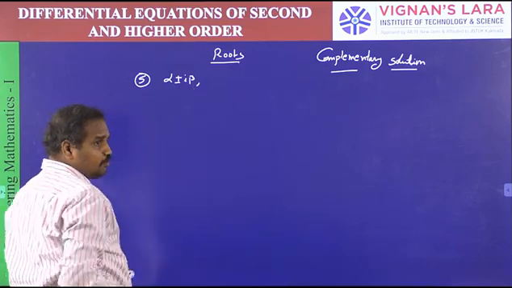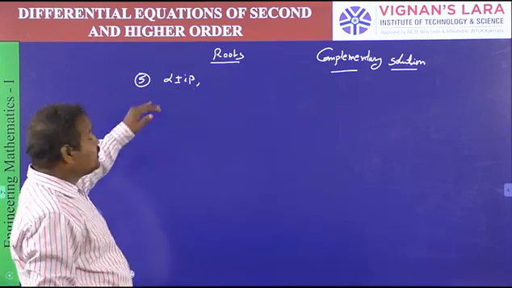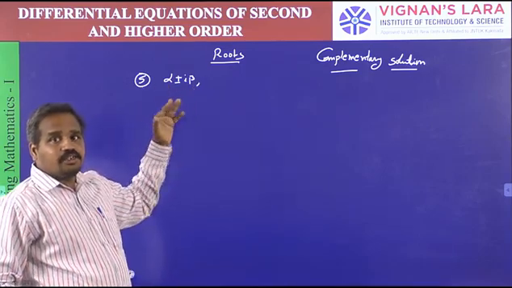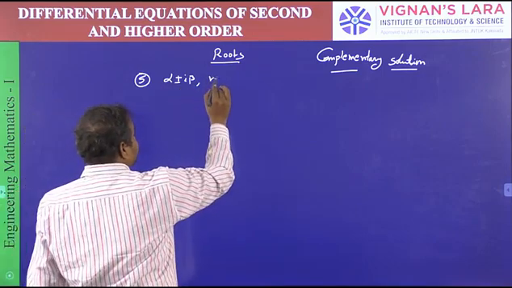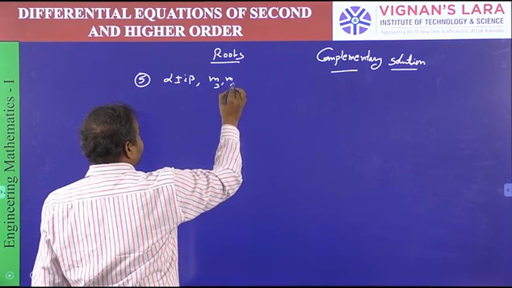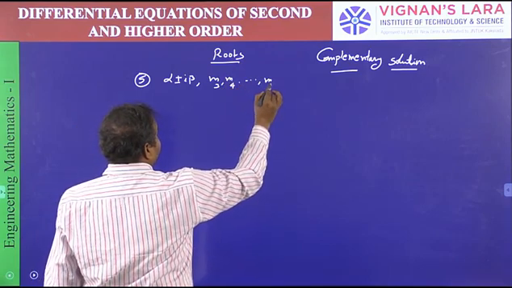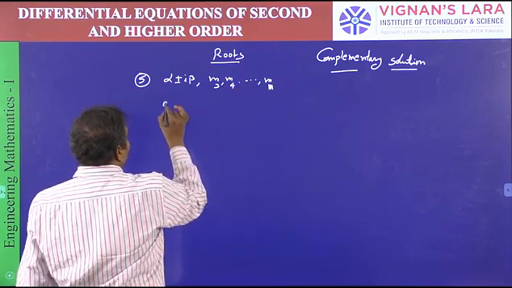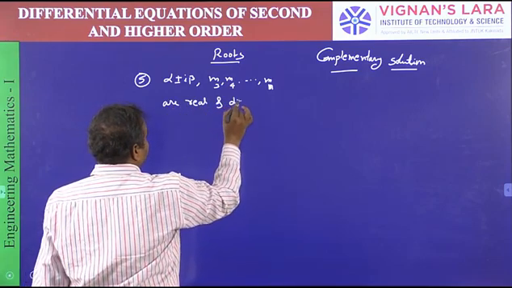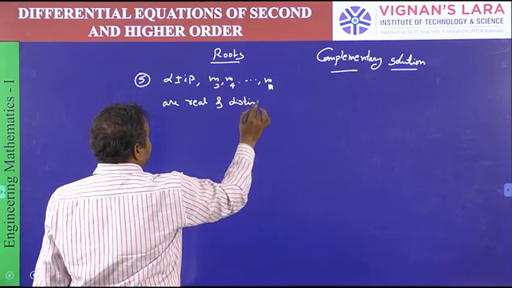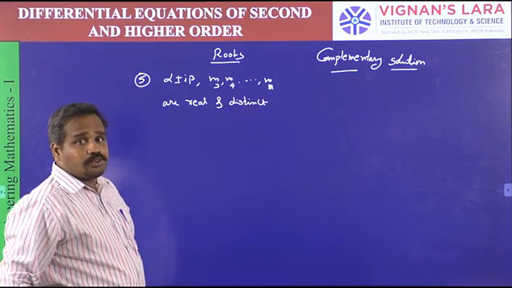Two roots are alpha plus or minus i beta. That means m1 is alpha plus i beta, m2 is alpha minus i beta. Remaining roots are real roots. Remaining means m3, m4 and so on, mn are real and distinct.